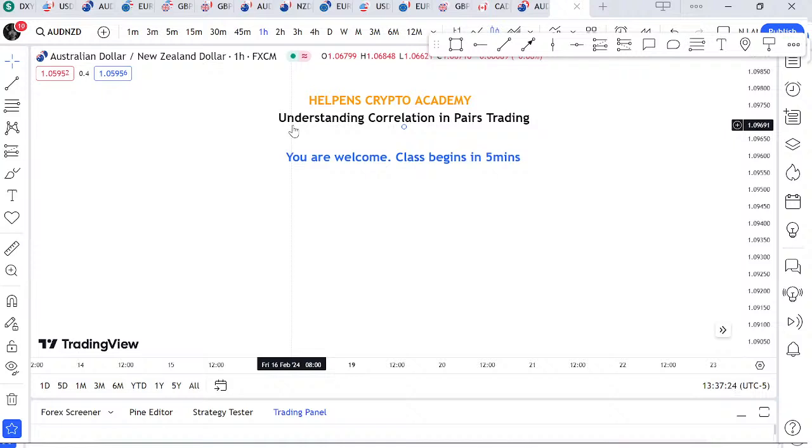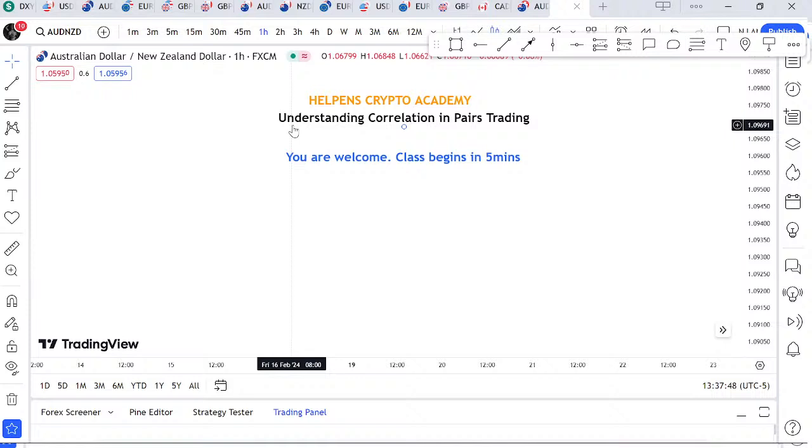Last week we talked about understanding correlation in pair trading. Today we are going to pick up from where we stopped last week and continue from there.